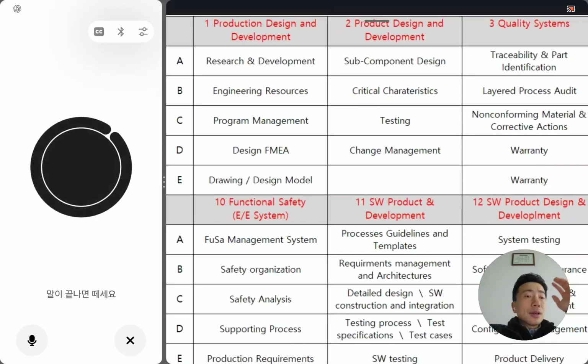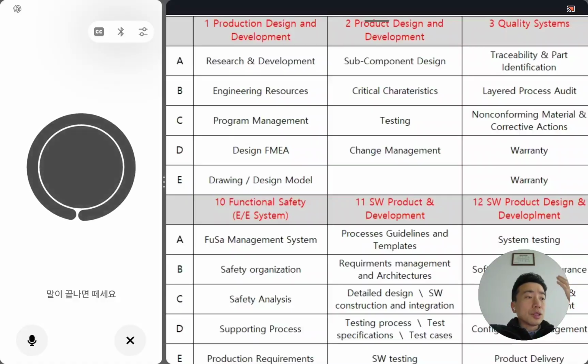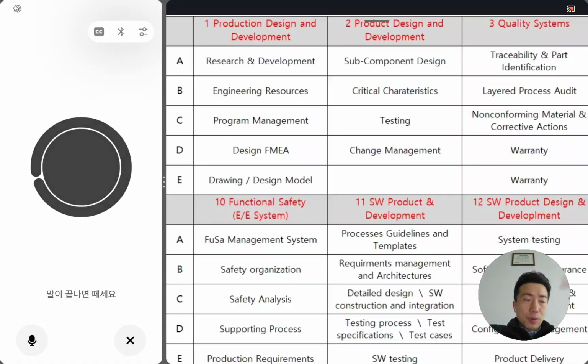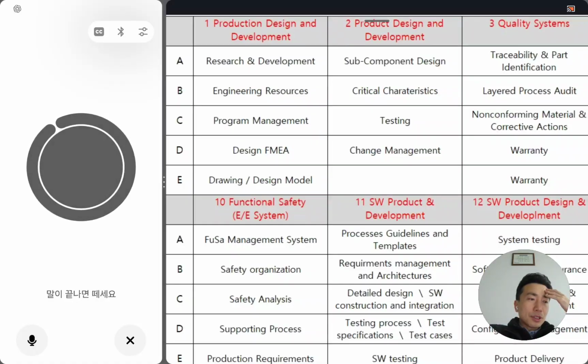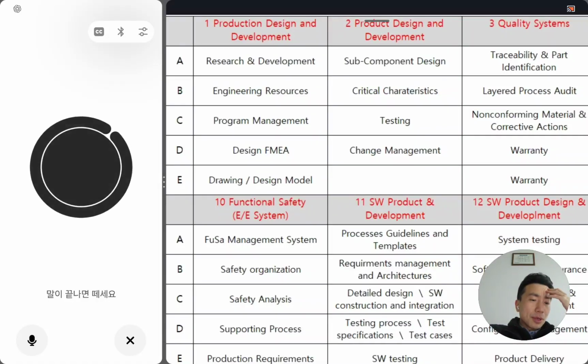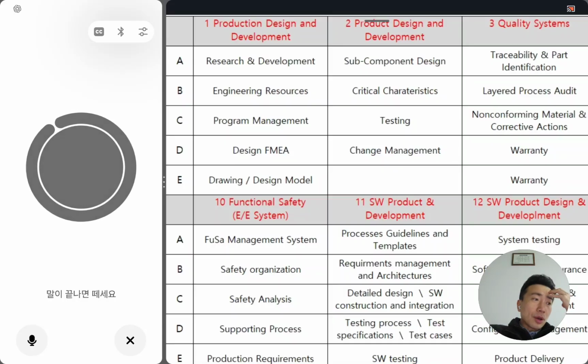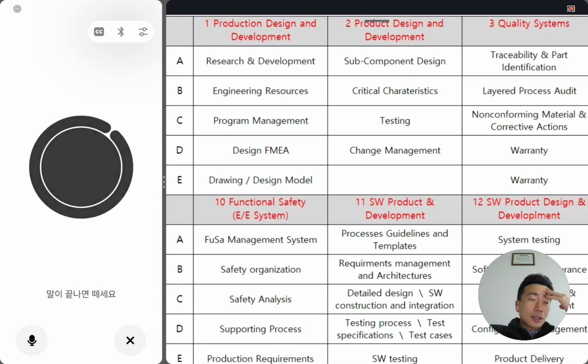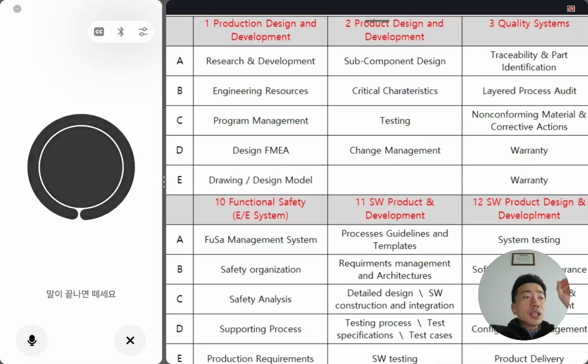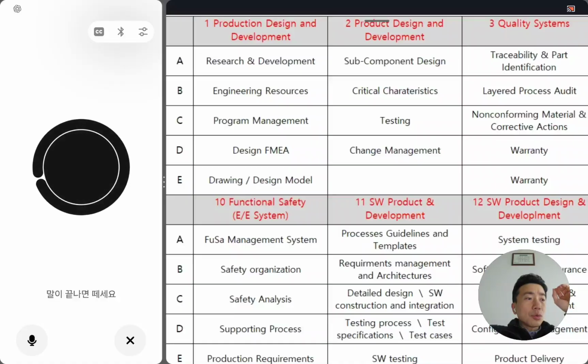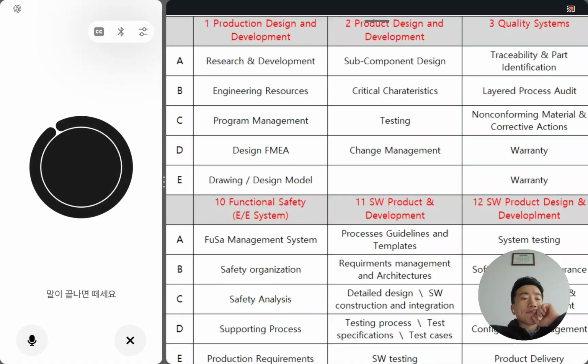Can you share an example where a critical characteristic issue lead to a design or a process improvement?